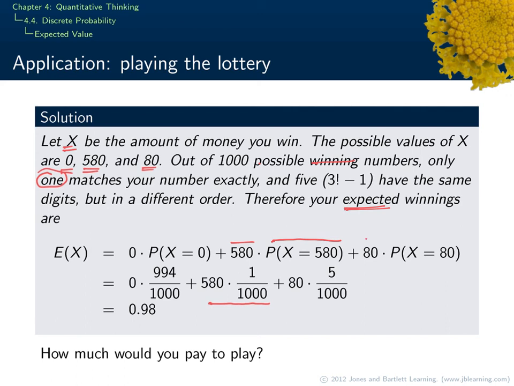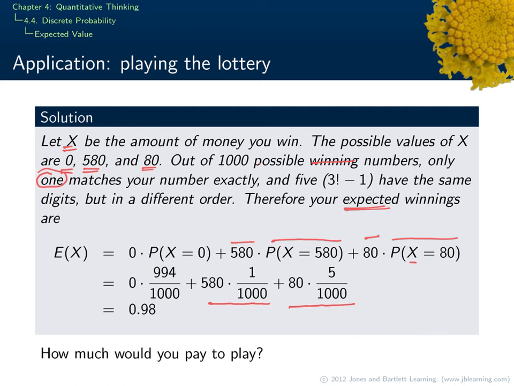Now then, what's the probability that you win $80? Well, that happens when you're in one of the 5 situations where the number that was selected is your number, but in some different order. And there are 5 ways of that happening out of 1,000 possible numbers. So this probability of winning 80 is 5 over 1,000. So we get that term in the expected value.